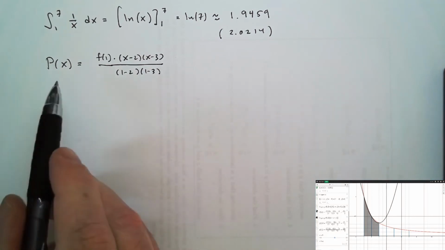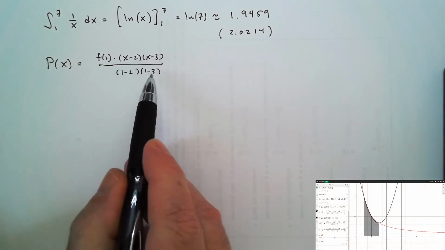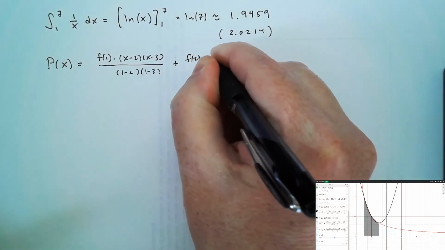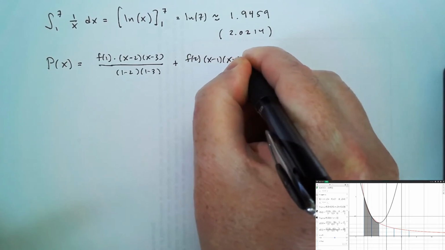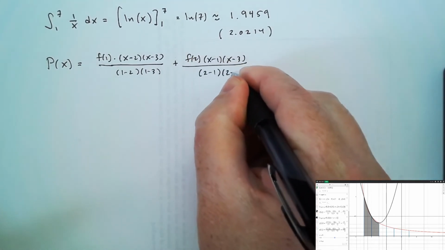So when we plug 1 into our function here, we get things that cancel, and we just get f of 1. We add to this f of 2 times x minus 1 times x minus 3 over 2 minus 1 times 2 minus 3.